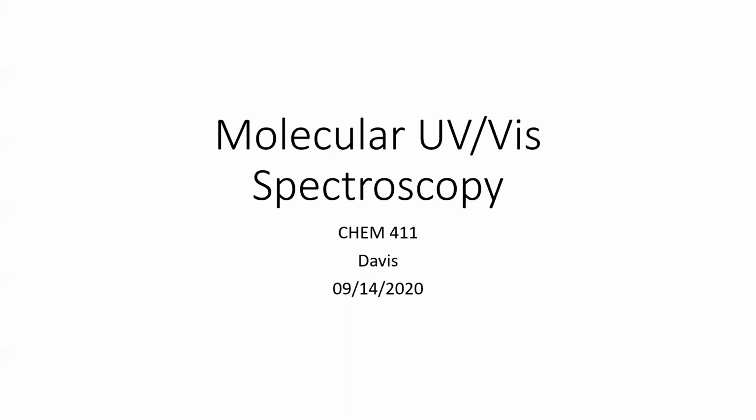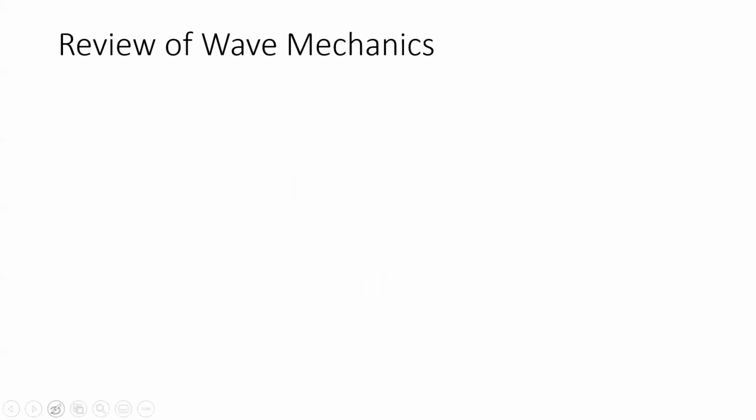And I'm going to start with hopefully what is review from Gen Chem, talking about wave mechanics and things like that. When we talk about light, of course, we have to go back and do some of this review. I know that I did a bit of this when we were in chapter 2, talking about quantum mechanics, but I just want to make sure that we are all comfortable with these kinds of equations.